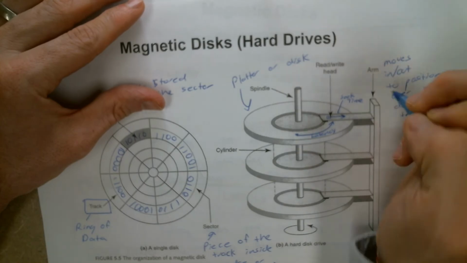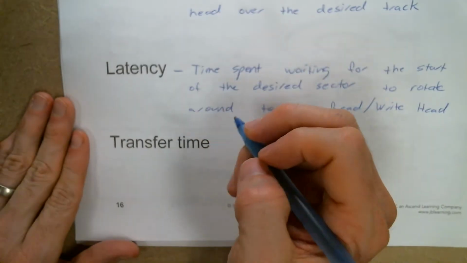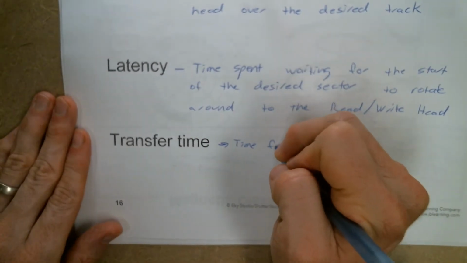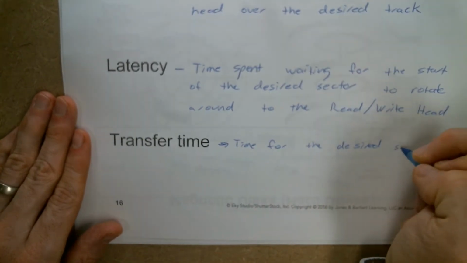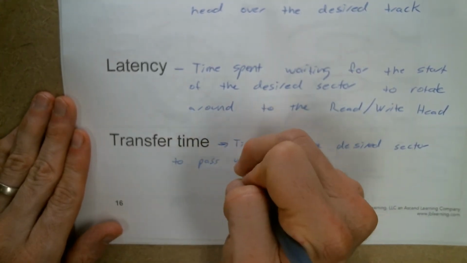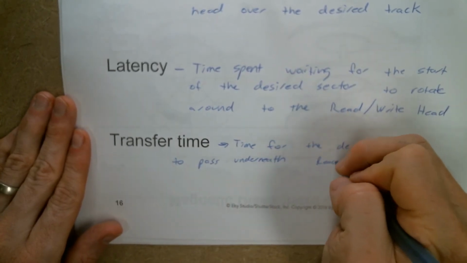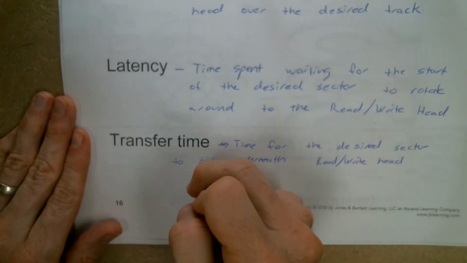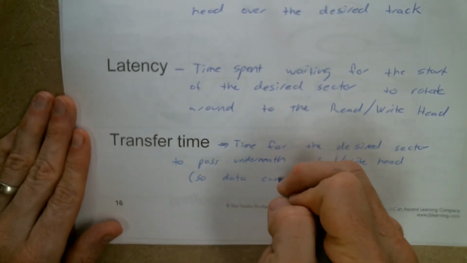And then last but not least is the transfer time, which is the time it takes to actually read whatever data you want. So it's the time for the desired sector to pass underneath the read-write head, so data can actually be read.